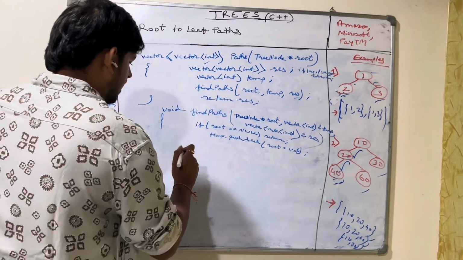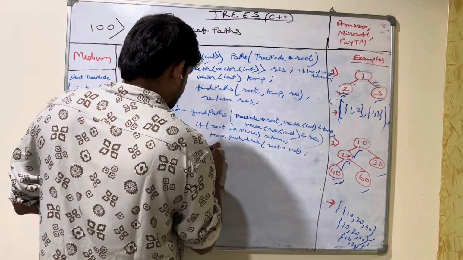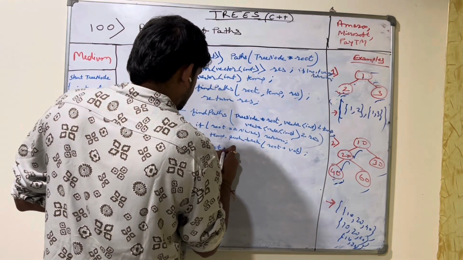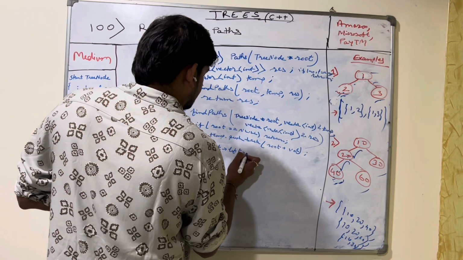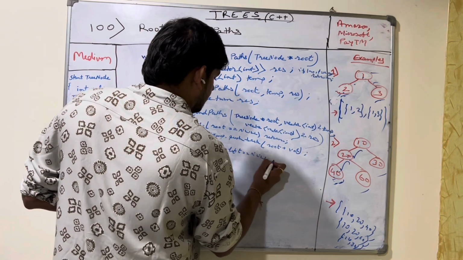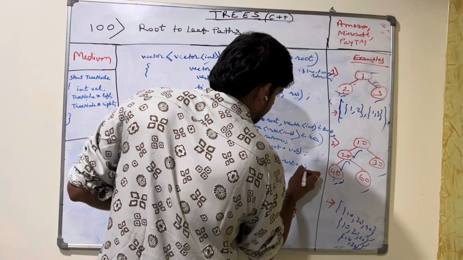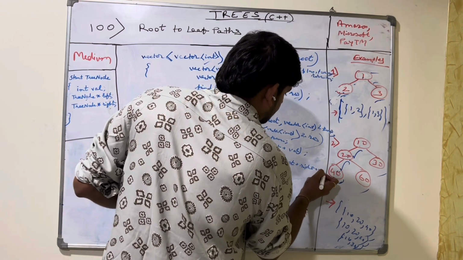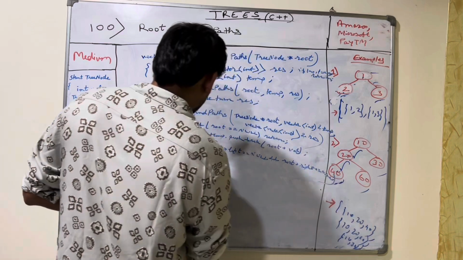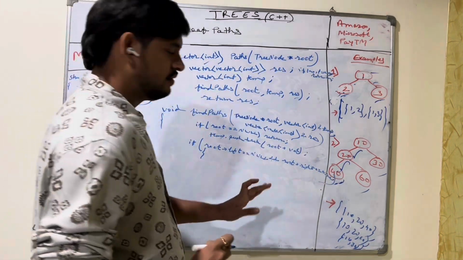Okay, now if we see, if root left equal to null and root right equal to null, that means it is a leaf node, then what do we do?